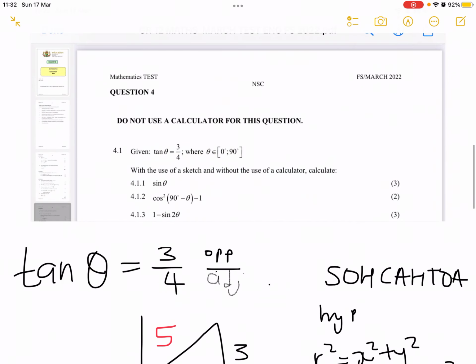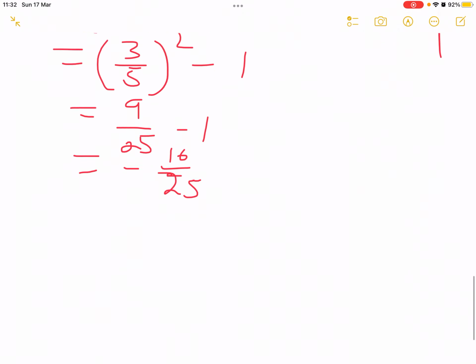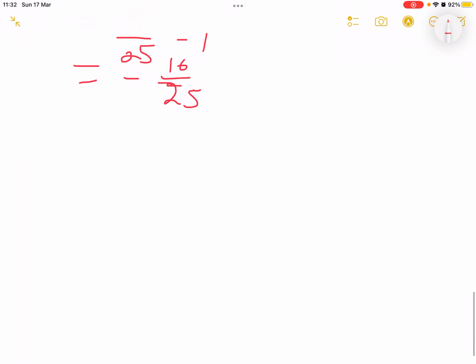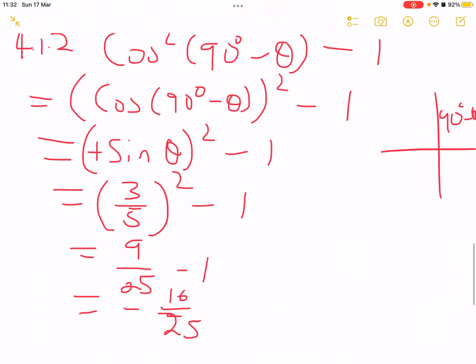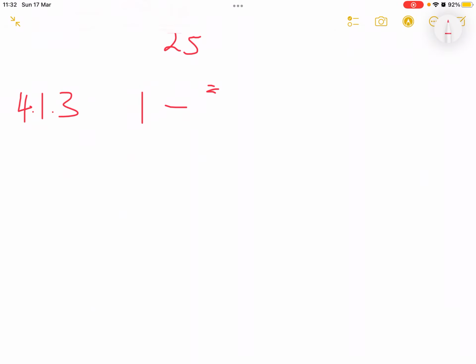Next up, 4.1.3. That's 1 minus sine 2 theta.